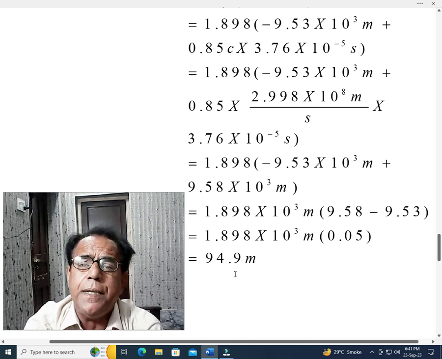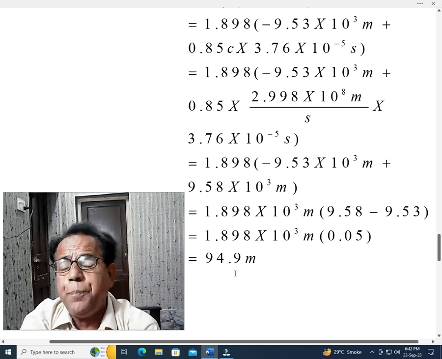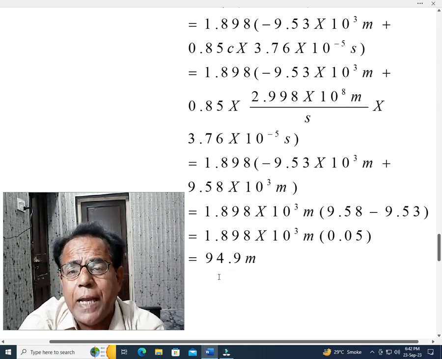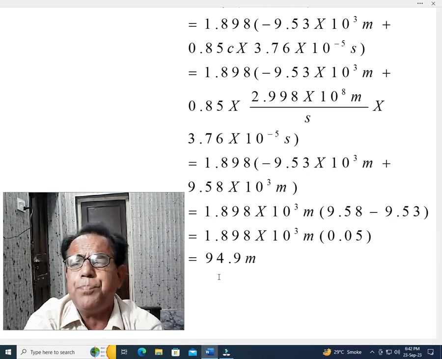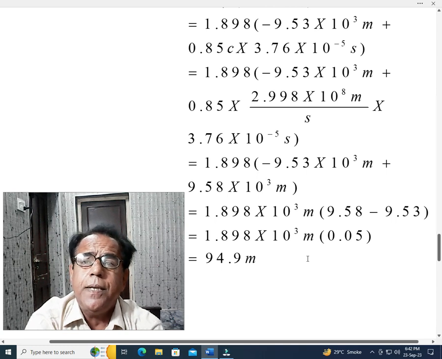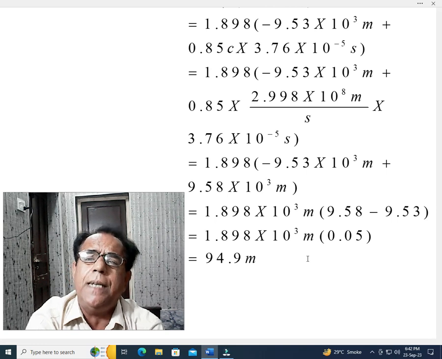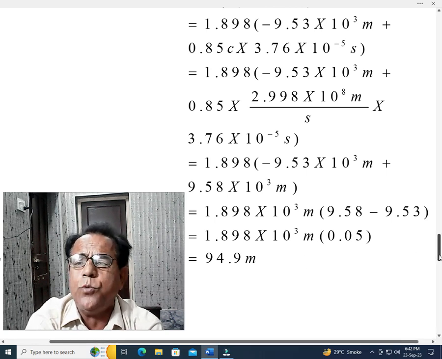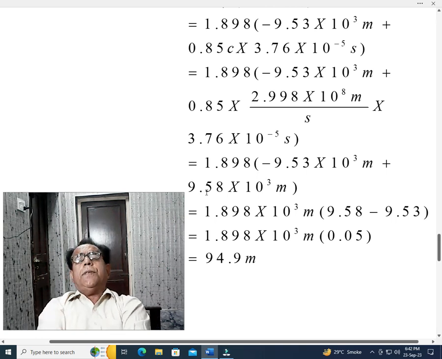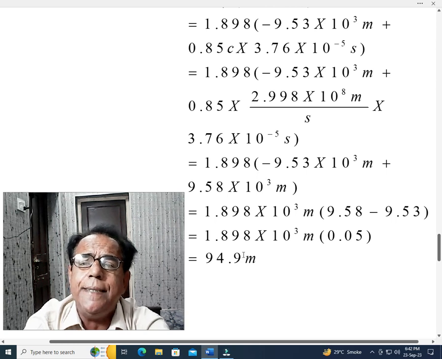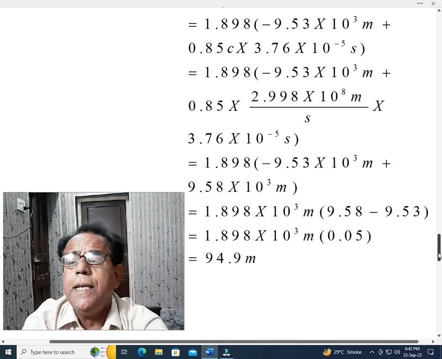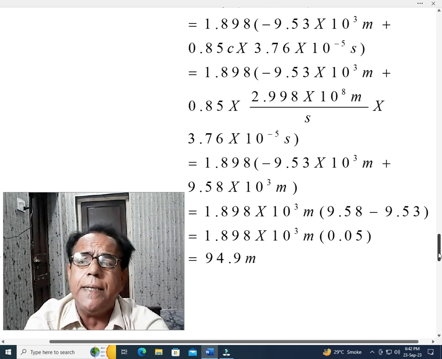It should be nearly equal to 75 meter, but it is becoming almost 95 meter. So something questionable is involved here, which I have failed in finding. So I request you to give enough attention to this point, and if you find the reason for this difference, then please reply as a comment in the comment section of our YouTube channel.